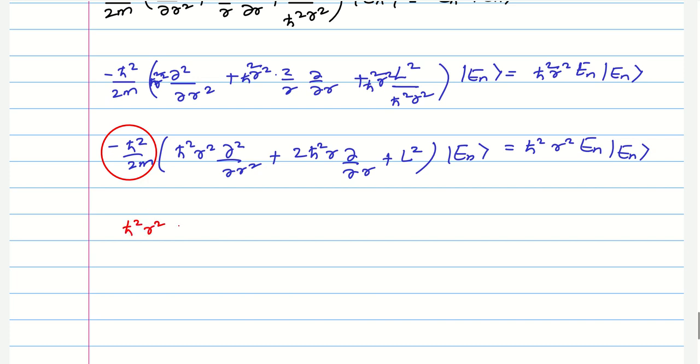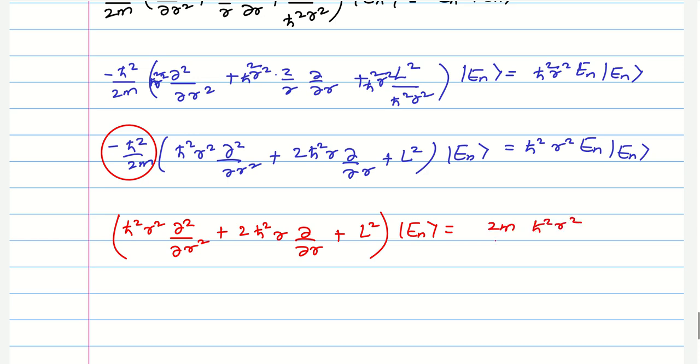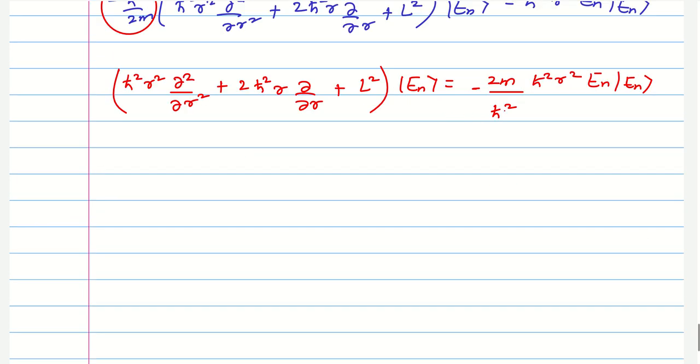So, we get, we can cancel this h cross square.